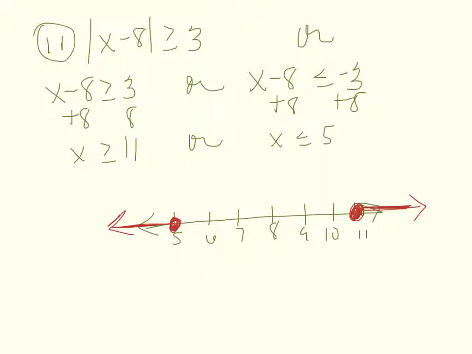All right. So now let's do number 12. Okay, number 12. Absolute value of 2z minus 2 is less than or equal to 3.